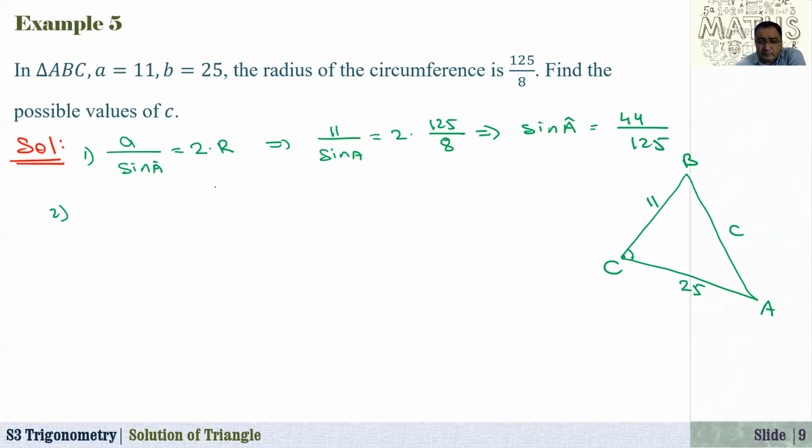Using this trigonometric identity, we know that the cosine of A is equal to the square root of 1 minus sine squared of A. That's equal to 44 over 125 squared.